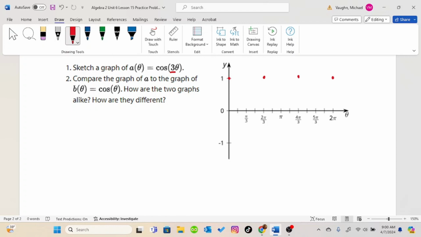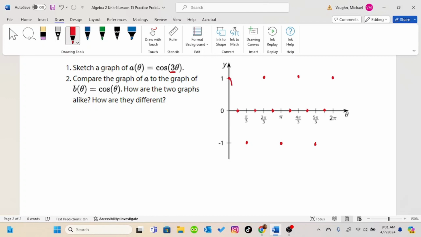Halfway between those points, it's going to hit -1. So -1 at pi over 3, -1 at pi, and -1 at 5 pi over 3. On the way down, it will hit 0, and then 0 on its way back up. Then 0 on its way down, 0 on its way back up, 0 on its way down, and 0 on its way back up.